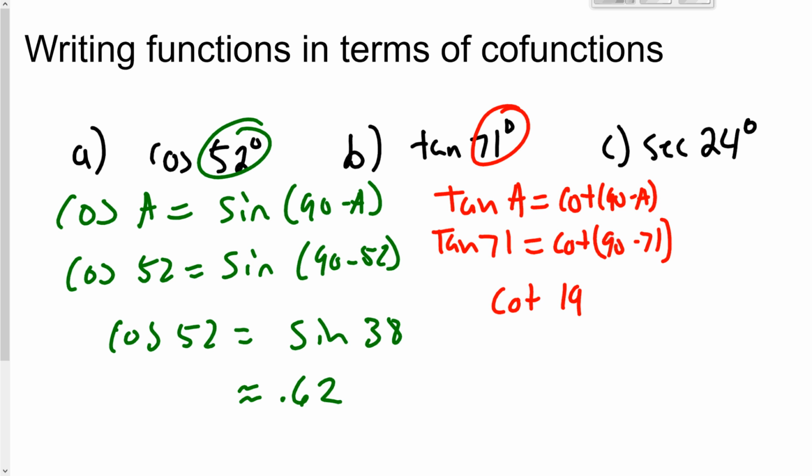And then secant of 24 is equal to cosecant of 90 minus that angle, 66, sorry. So cosecant of 66 is the same as secant of 24. So those are called cofunctions.